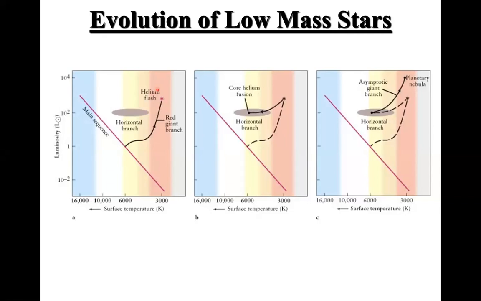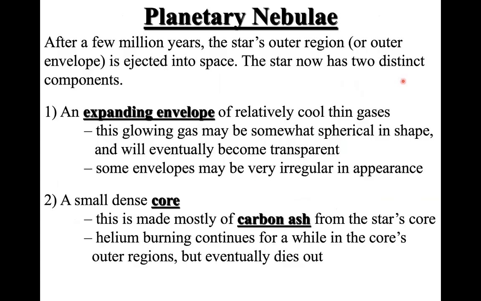Once it happens, the star will come down and go through this horizontal branch up to somewhere here, and then it will start this core helium fusion, and with that it will go through this asymptotic giant branch because the outer helium shell also starts to have helium flashes. And at the end, the star will have something called a planetary nebula, right? We will talk about that.